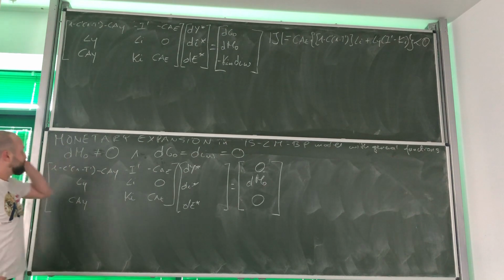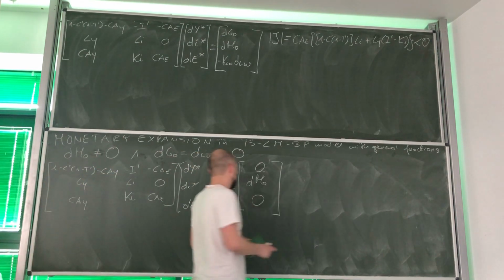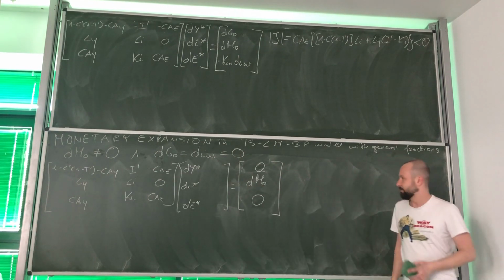Now again we take advantage of the second assumption, which tells us that money supply is changing, and now we can divide both sides of this equation by dm0.